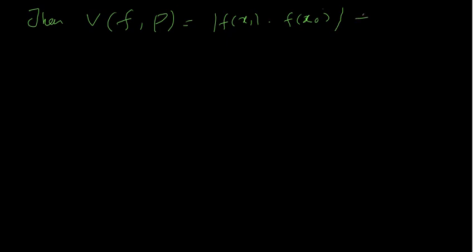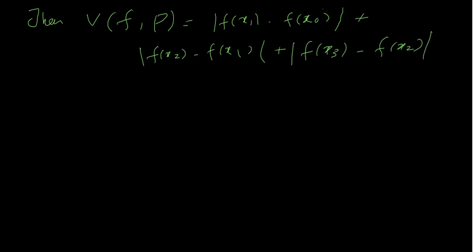Plus mod of f of x2 minus f of x1 plus mod of f of x3 minus f of x2. We have only 4 points, x0, x1, x2 and x3. That's the variation of f with respect to this partition P.